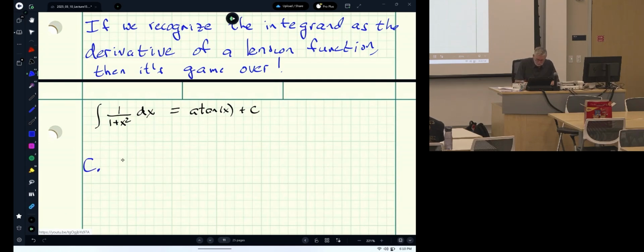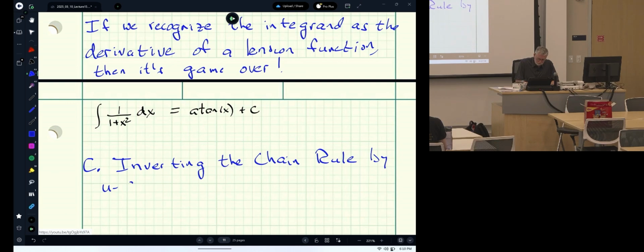Inverting the chain rule by U substitution.